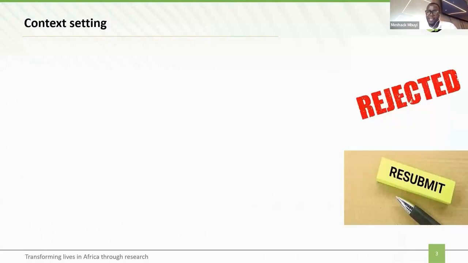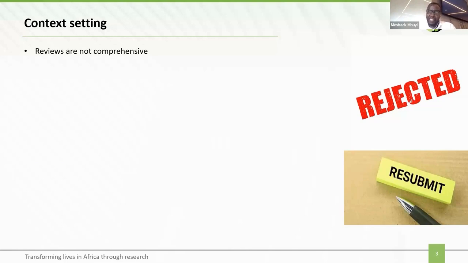Now, I need to get something out of the way. When you are resubmitting, you are basically submitting again a grant proposal that you have submitted before, which means it's been rejected in the first round of application, and you're reviewing it to resubmit again.